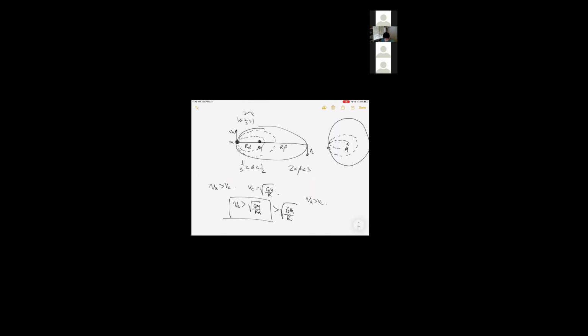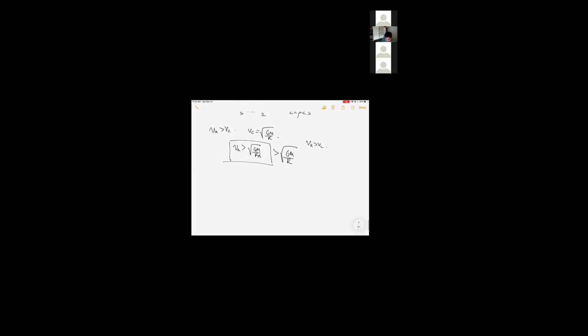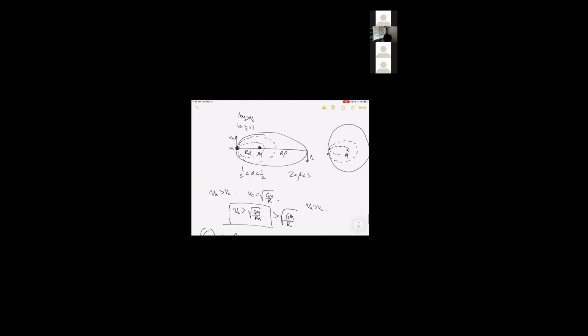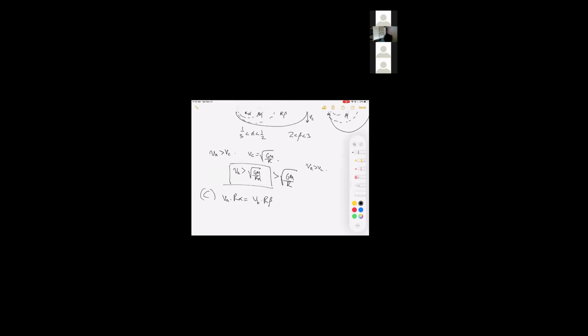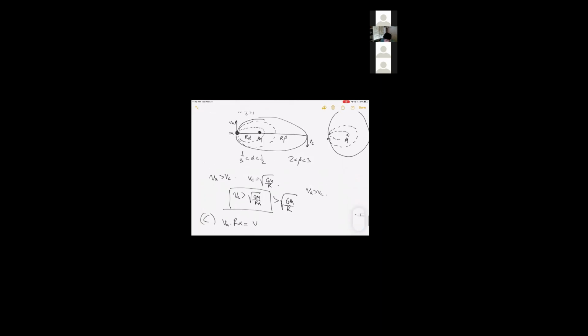Yeah, that's actually a very good point. Let's talk about that. So for C, we know that VA times R alpha is equal to VB times R beta. Oops, I messed this up. This should be VB.